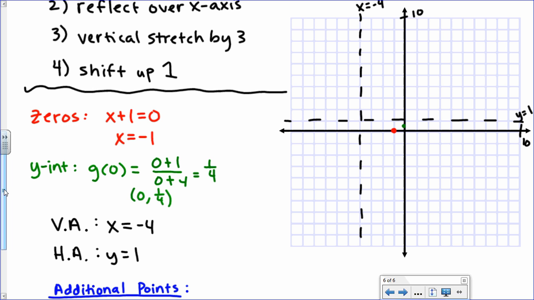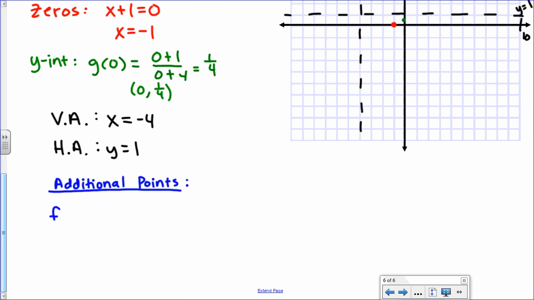So I'm not going to find any more on this side. I'm only going to focus over here on this left side. So what is a number I should plug in? Okay, so left of this, starting here, is -5. So let's plug in -5.